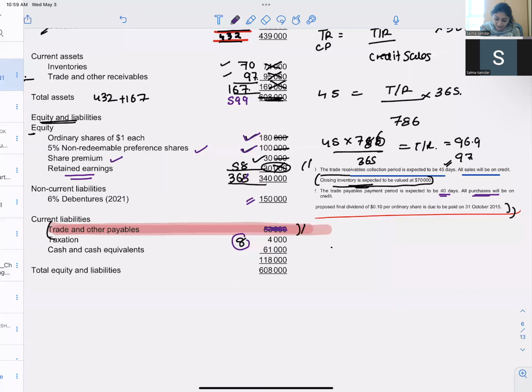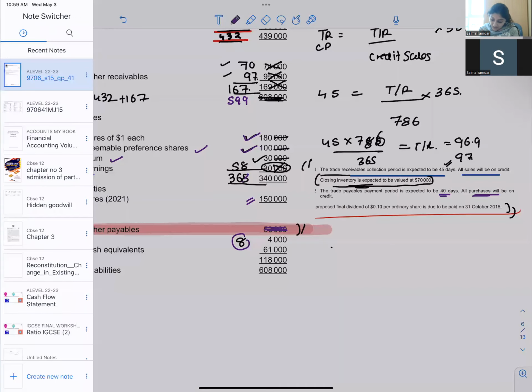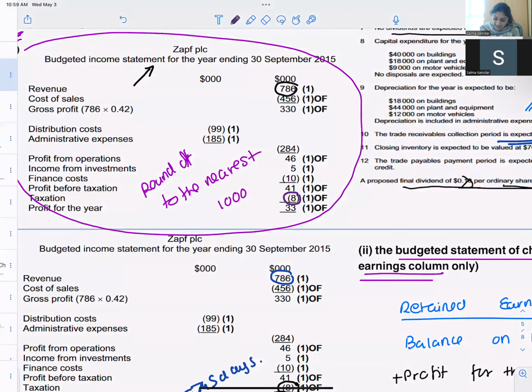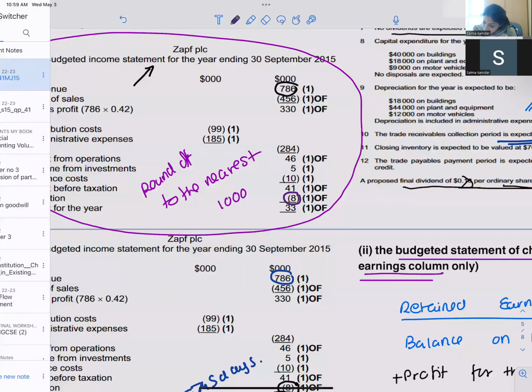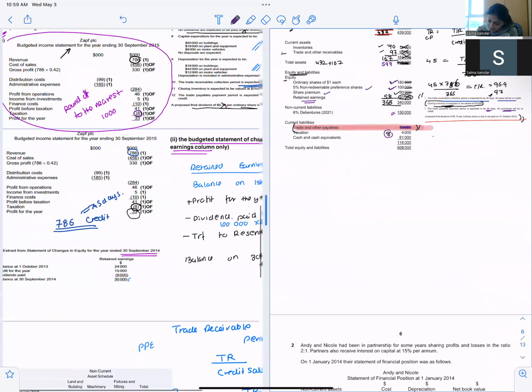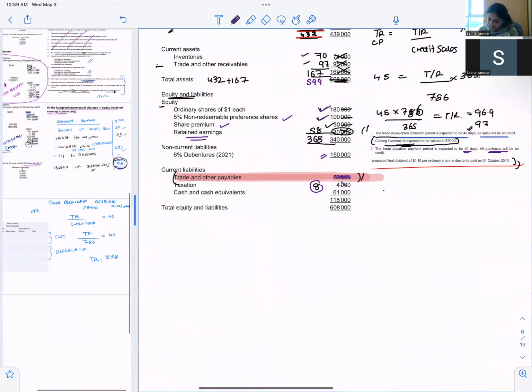Taxation, we have calculated in our income statement, it would be 8,000. Instead of 4, my taxation will become 8,000. Cash and cash equivalent will be your balancing figure because you don't know it, and your total equity and liabilities will become 599.